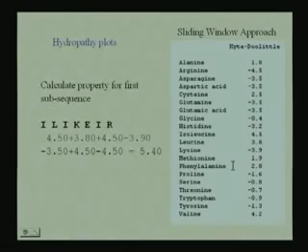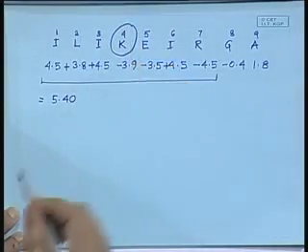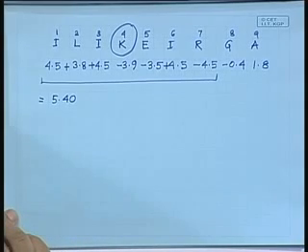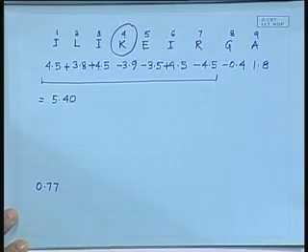We want the average of this, so we divide by 7, giving 0.77. This is assigned to the central residue, so residue number 4 is going to have an average hydropathy index value of 0.77. Then we move to the next window.